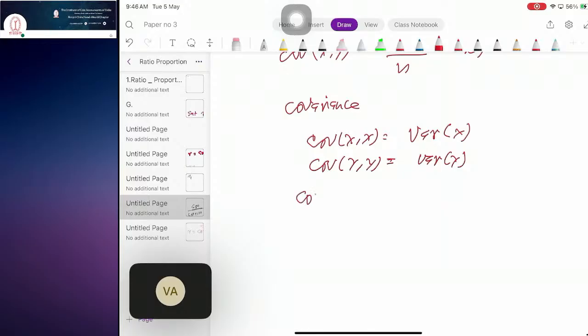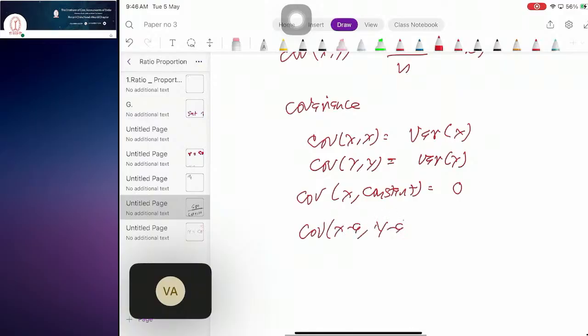If covariance of x comma any constant value instead of y is taken, the answer will be 0. If a, b, h, k are constants, then covariance of x minus a and y minus b is the same as the covariance of x comma y. Everything we discussed yesterday.